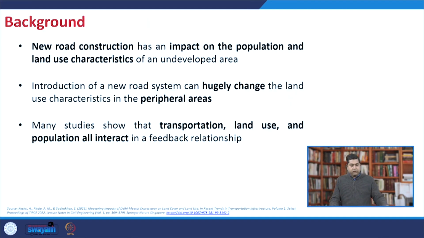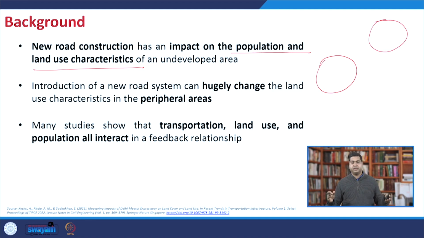Now if I talk about the background of this particular research, some of you have already mentioned that new road construction has an impact on the population and land use characteristics, especially for undeveloped areas. Whenever we connect two dots, say two very small villages, they have certain expansion, after that there is no such growth, it's very limited.